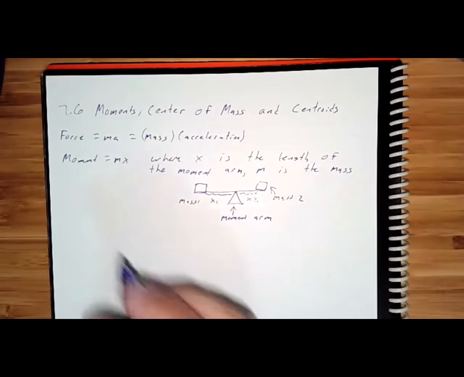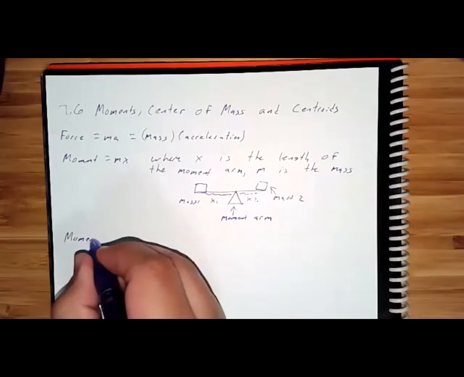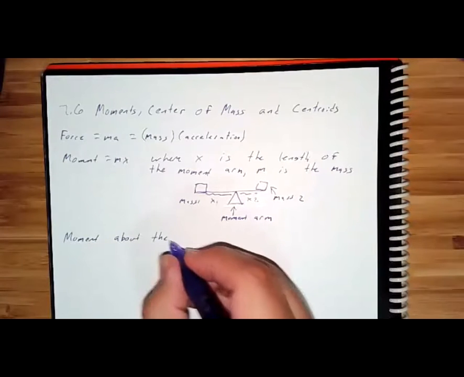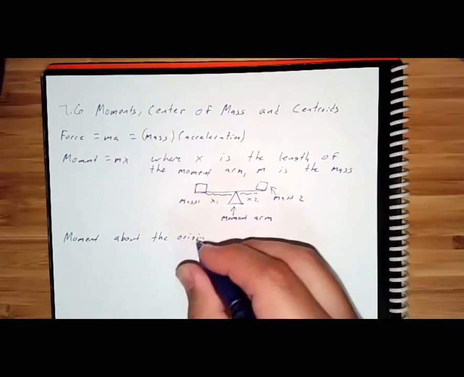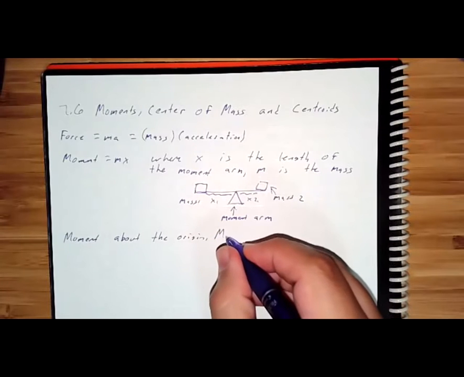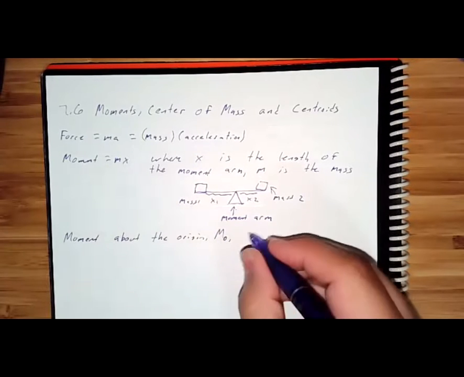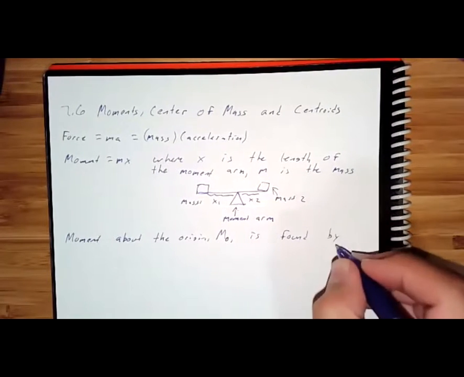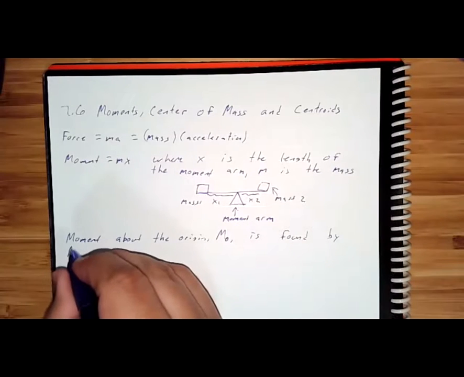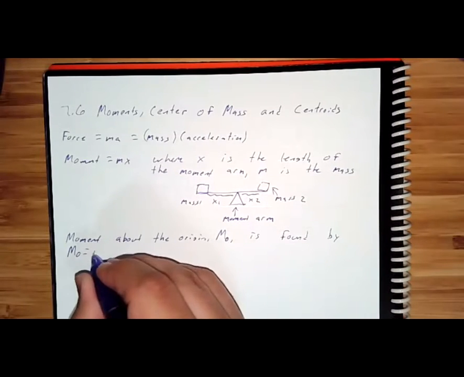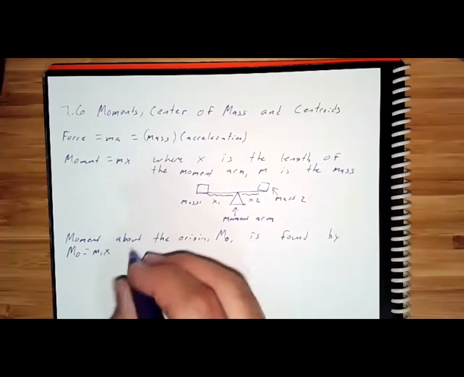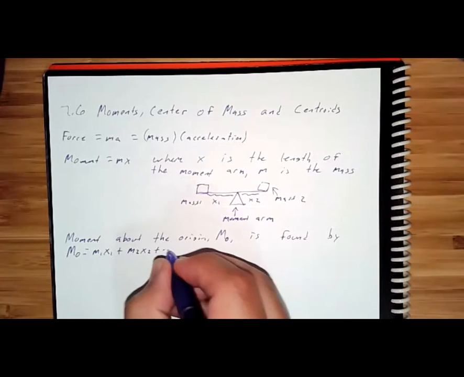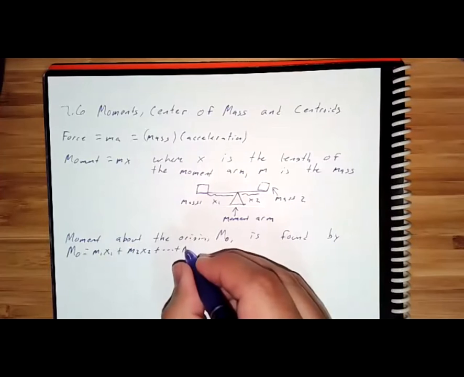Okay, so the moment about the origin we will call capital M sub 0. This is found by finding the sum of each mass times its moment arm distance, all the way till the final one.